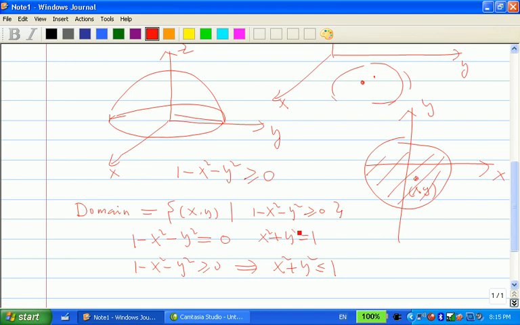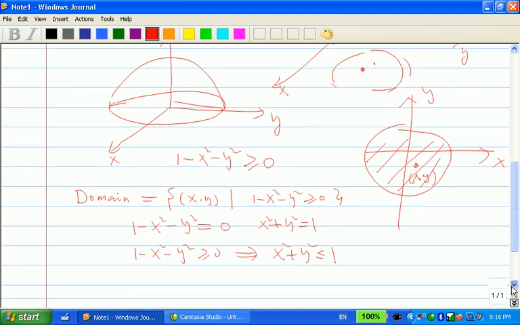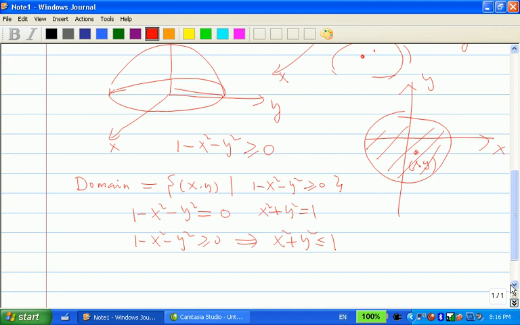In other words, 1 minus x squared minus y squared will be greater than or equal to 0. This guarantees the number in the square root is non-negative, so that the square root makes sense.